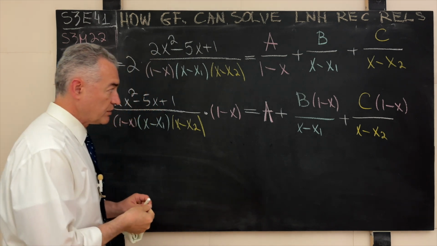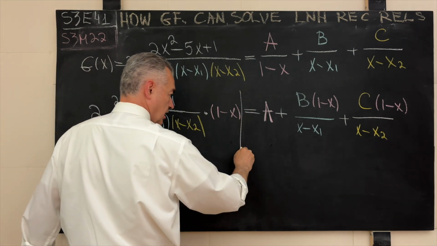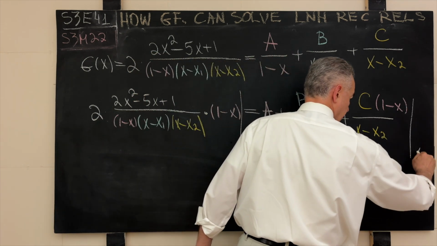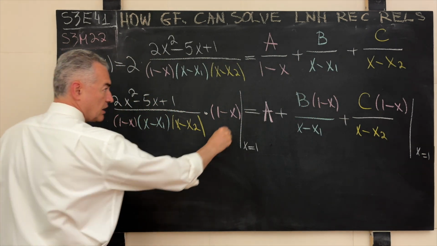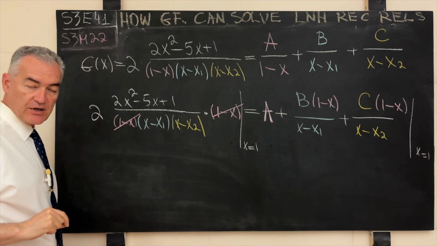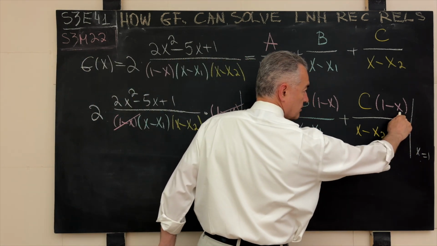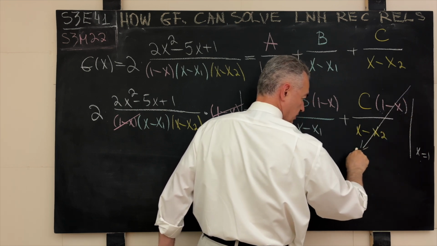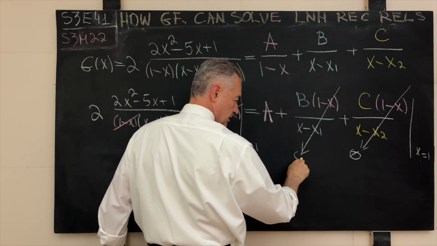That is very straightforward. Now what we do is we evaluate both sides of this equality at precisely x equal to 1. What will happen over here? Well, look at this. 1 minus x in the numerator and 1 minus x in the denominator will cancel out. When x is equal to 1, what will happen to this factor? 1 minus 1 is 0, so this will be 0. 1 minus 1 is 0, this will be 0.